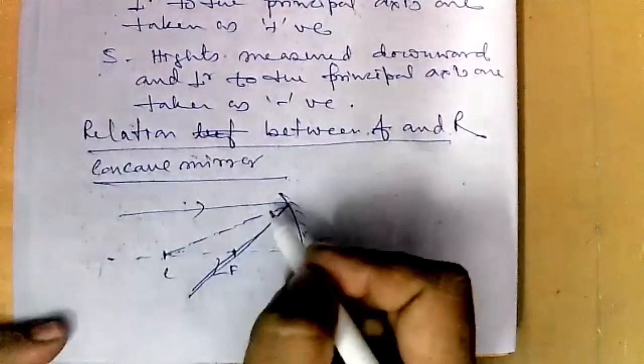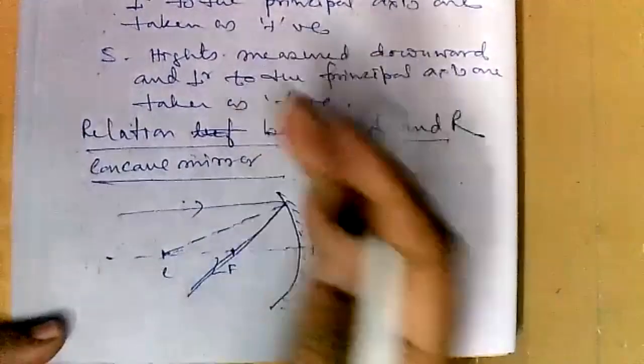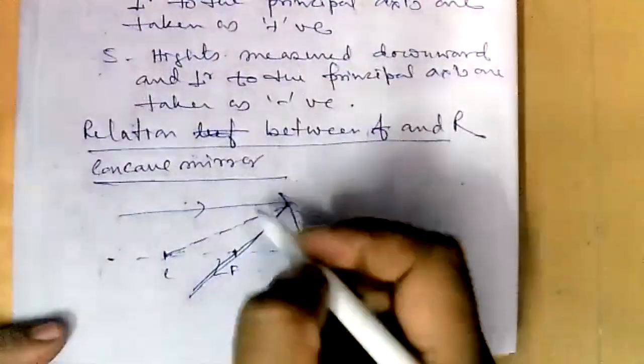Any radius is perpendicular to the spherical surface.